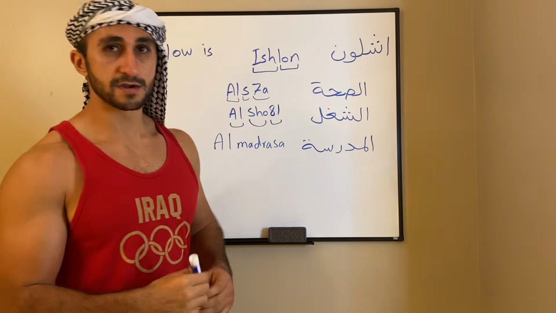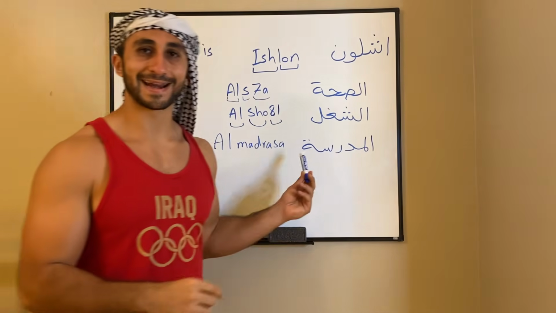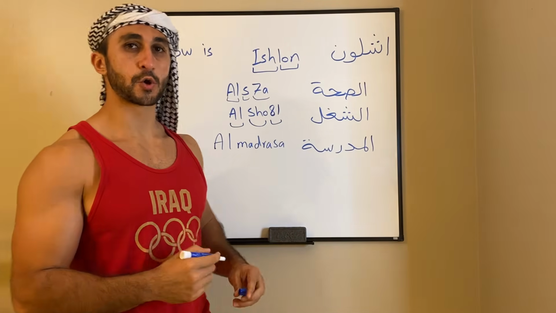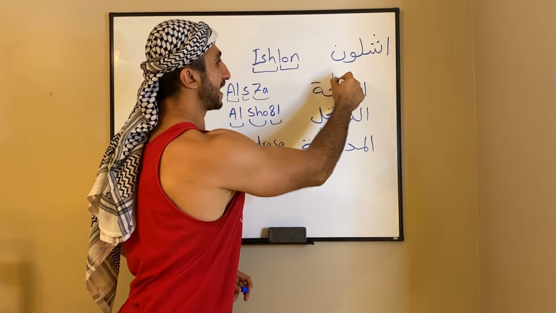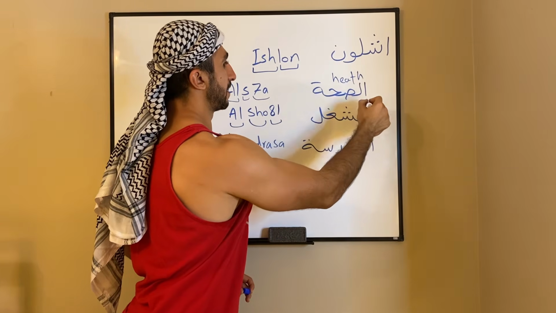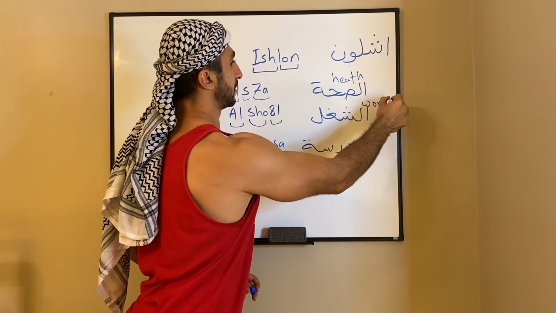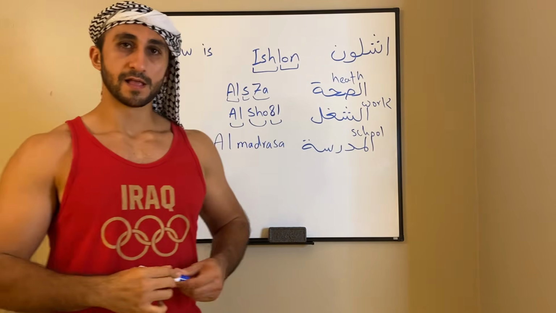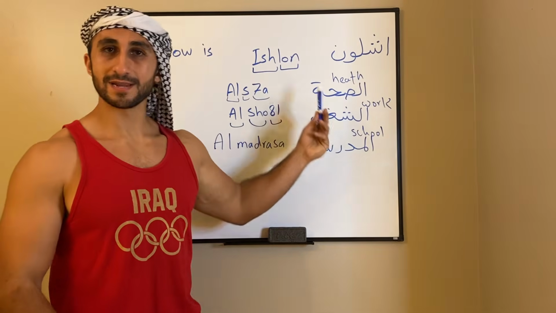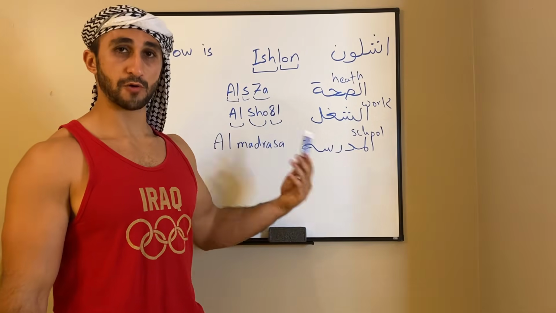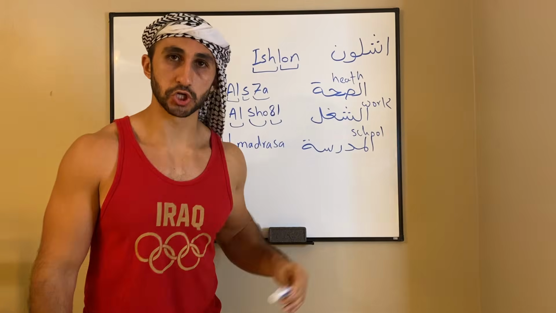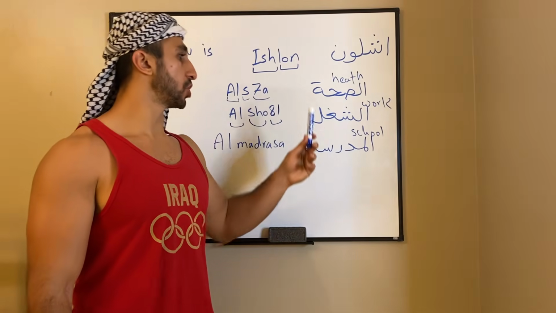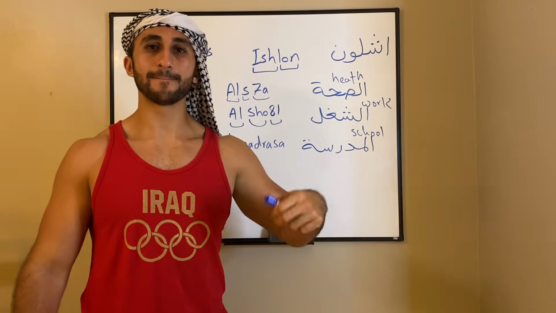All right, so the third word is al-madrasa. Al-madrasa means school. So again, this means health. This means work. This means school. Okay, so you would ask someone, Ishlon as-sahha, that we just learned, how is your health? Ishlon ish-shughul. And then ishlon, the last one, is al-madrasa.